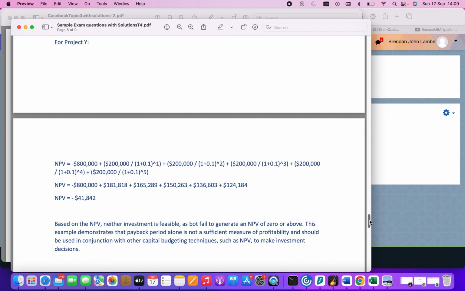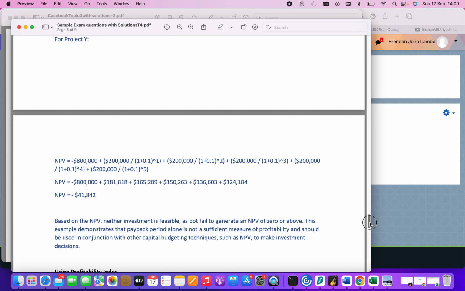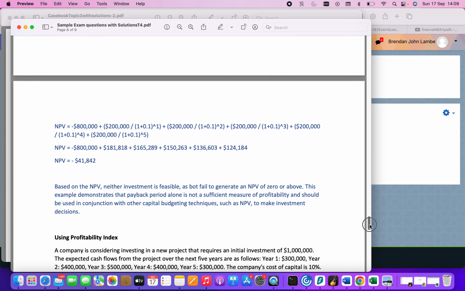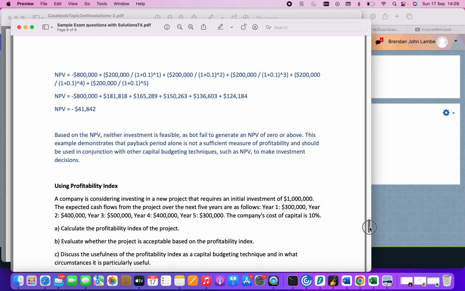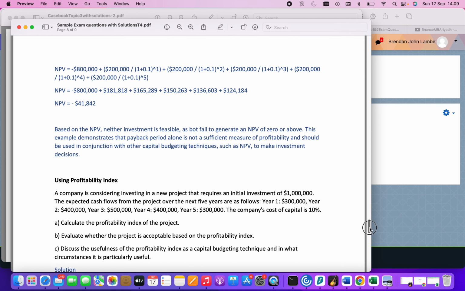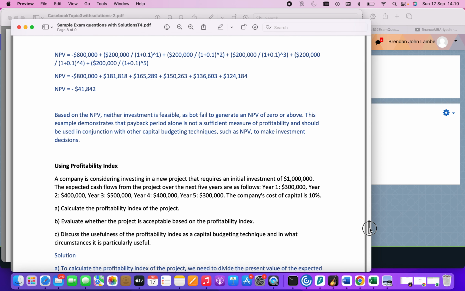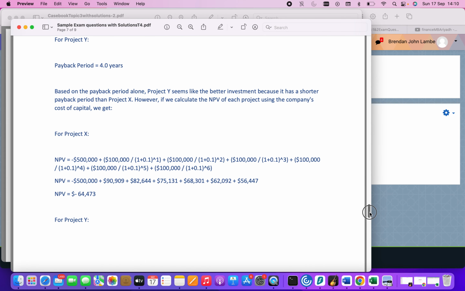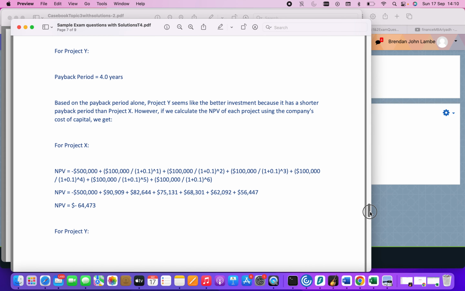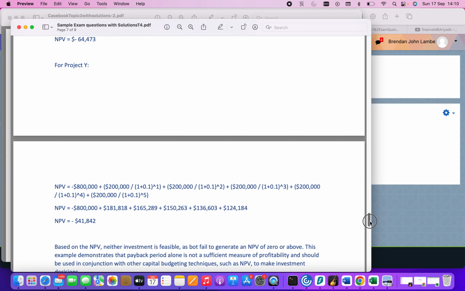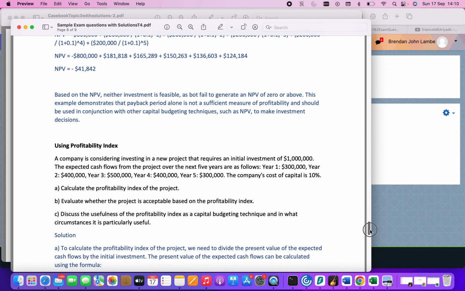So based on the NPV, actually neither investment is feasible. Both fail to generate an NPV of 0 or above. It's just really a demonstration that your payback period is not enough to make that call. If you were just using payback, you would have gone for project Y, when neither is feasible.